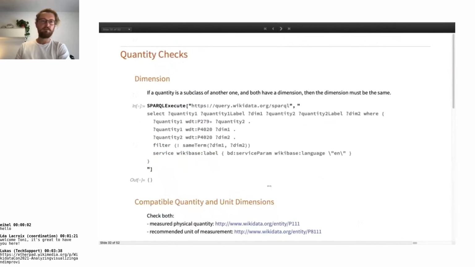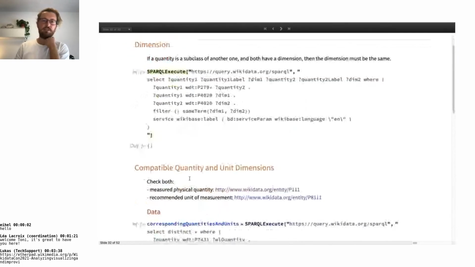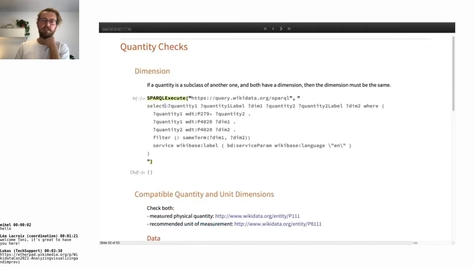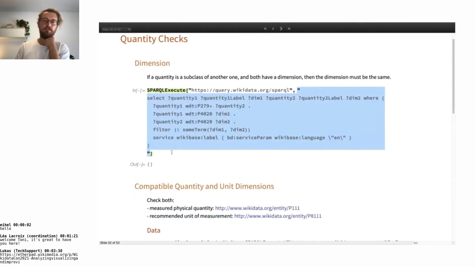We can do the same for quantity checks. Here's just a little thing that I'm not explaining due to time limitations, but just one point. Queries I entered in the Wikidata query service with the help of autocompletion, I can store in the notebook and then reevaluate them.